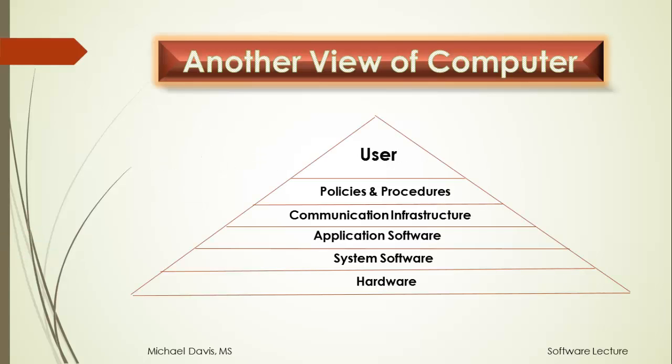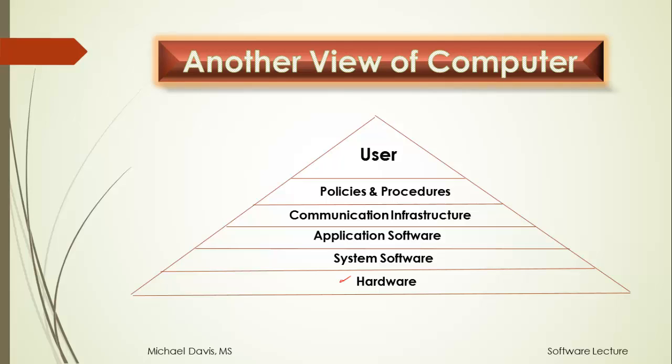I've been using this pyramid for some years, although it's changed over the years, of what constitutes a computer system. And at the very bottom, we start off with hardware. And hardware is the nuts and bolts and peripheral devices: the computer, the memory, the hard drives, the printers, the monitors, and so forth.